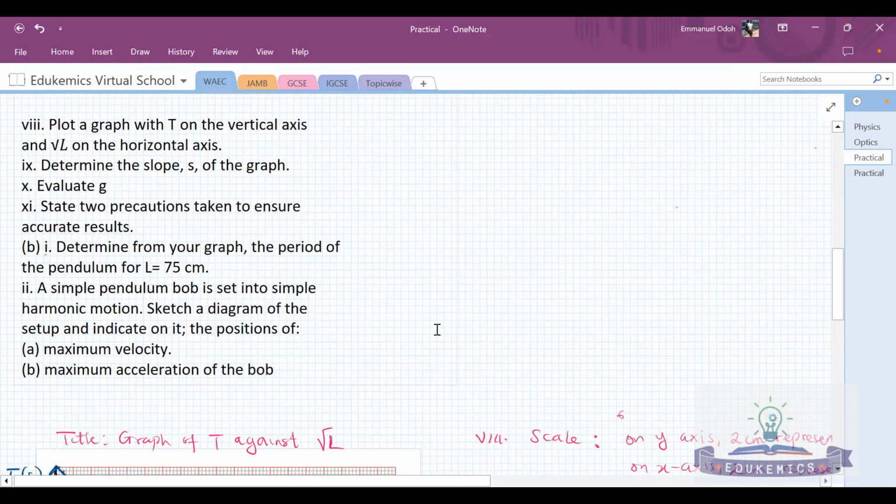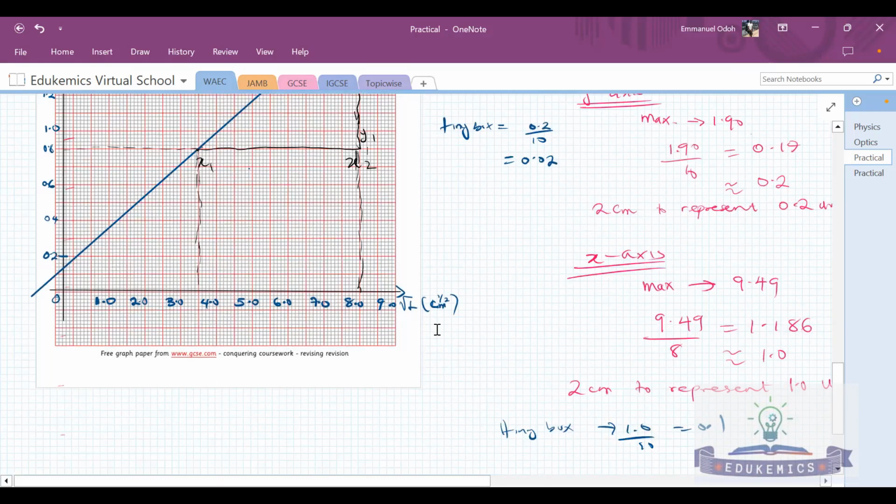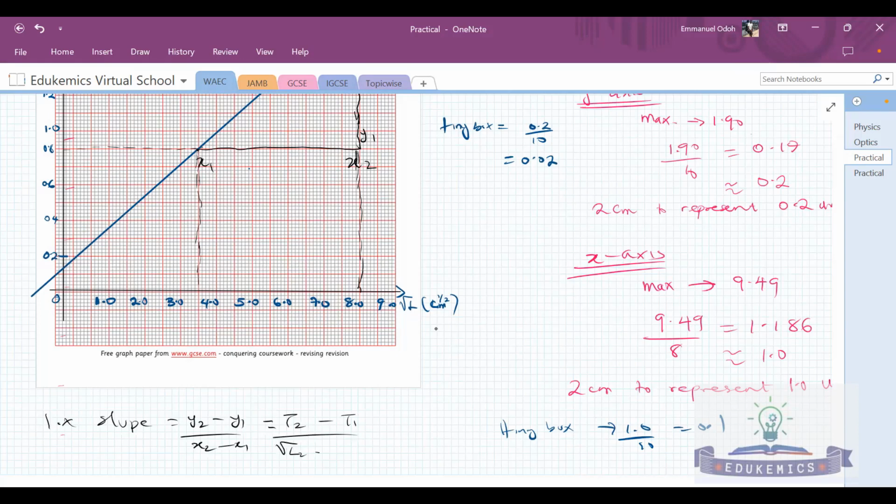I mean the slope, that's Ix, so I can write slope equals y2 minus y1 over x2 minus x1, or you can use t2 minus t1 over the square root of L2 minus square root of L1.